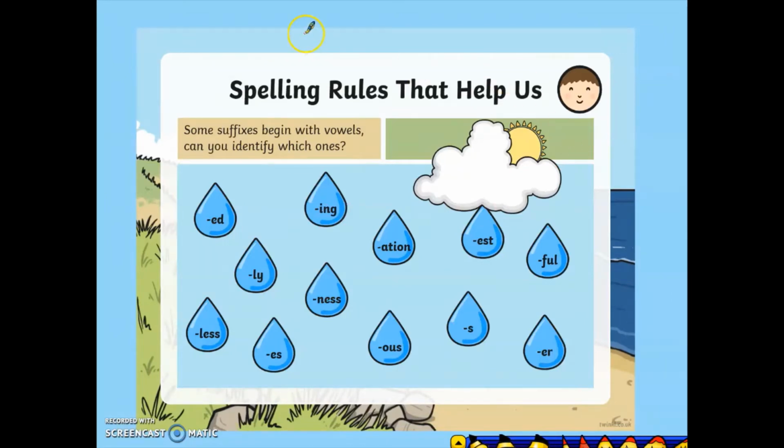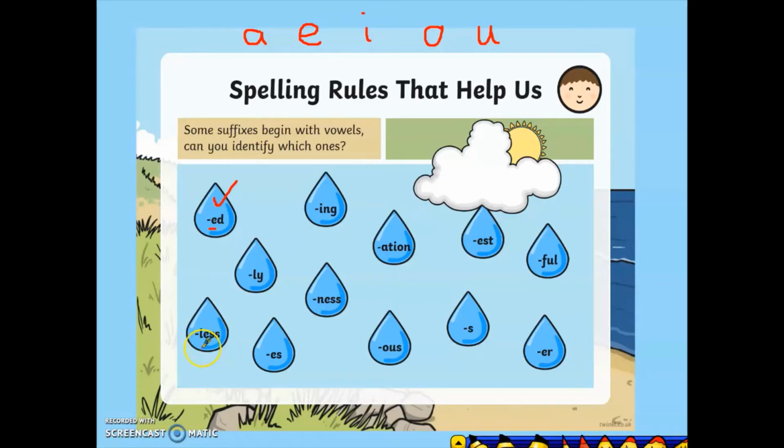Using that knowledge, remember we've got A, E, I, O, and U as vowels. Which of these suffixes begin with vowels? They've got to begin with one of these 5 letters. Does ed begin with a vowel? Yes, it begins with an E. So this suffix begins with a vowel.